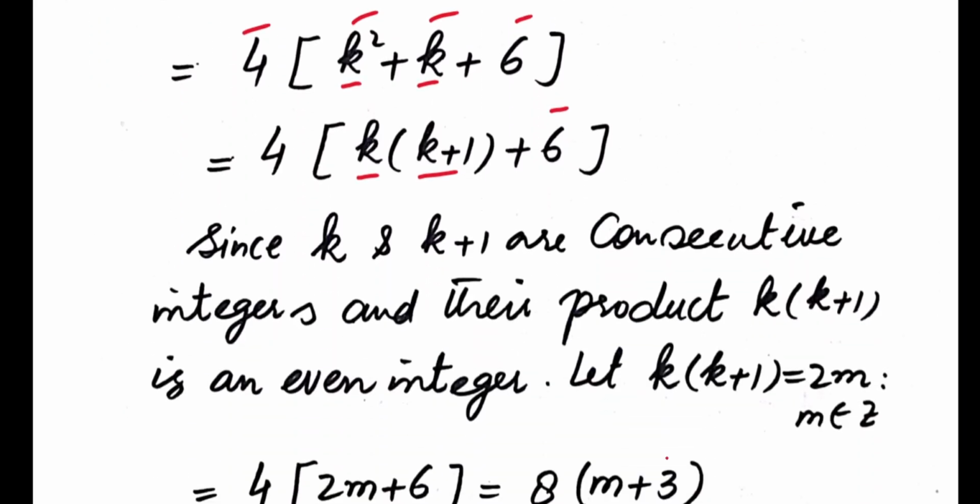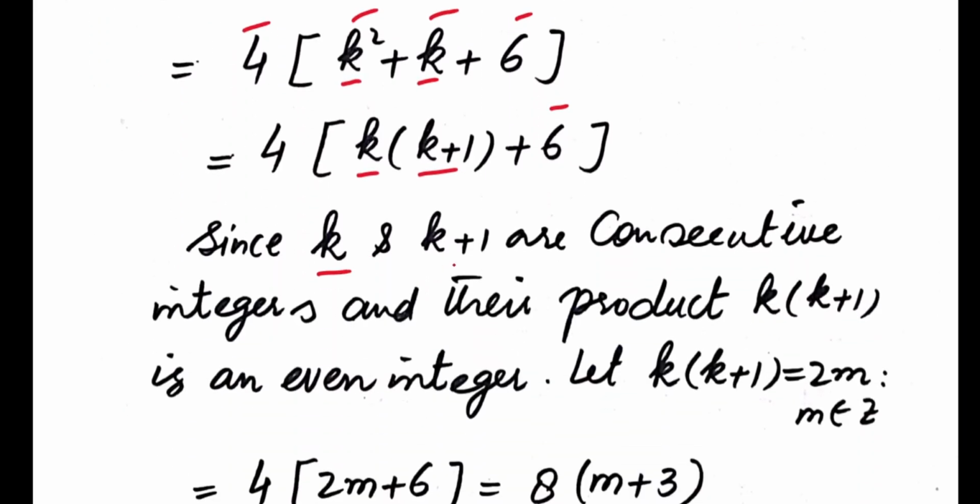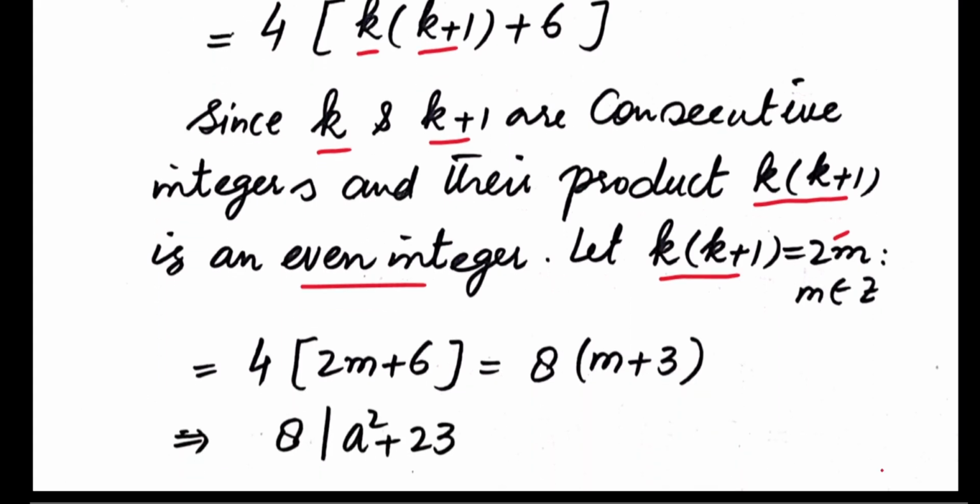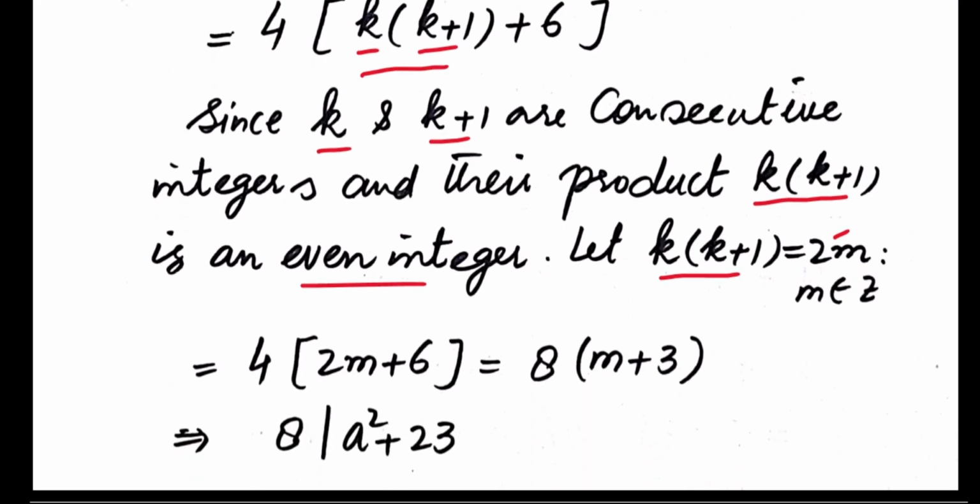Since k and k plus 1 are consecutive integers, their product k times (k plus 1) is an even integer. So I can write k times (k plus 1) equals 2m. Replace k times (k plus 1) with 2m plus 6. Taking 2 common from these two terms, this becomes 4 times 2 times (m plus 3), which is 8 times (m plus 3).